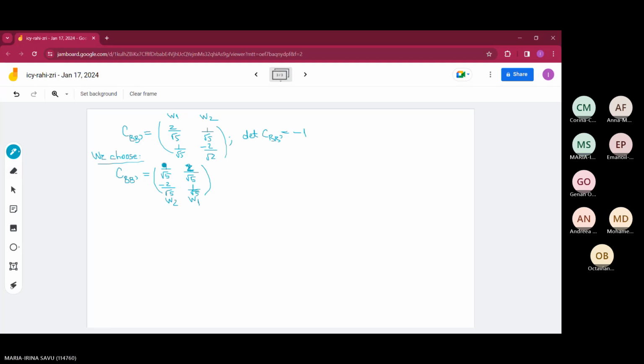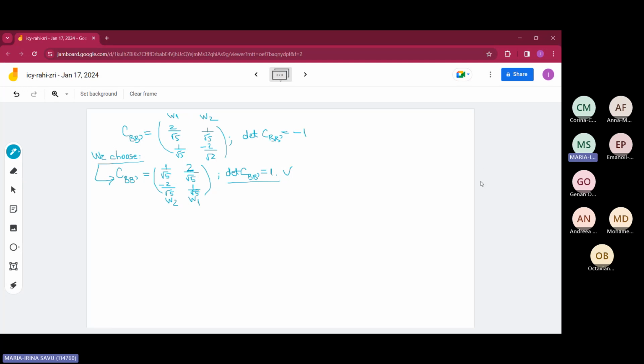Okay, so we take first W2 and then W1. And if you compute the determinant, it will be 1. So we choose this matrix.